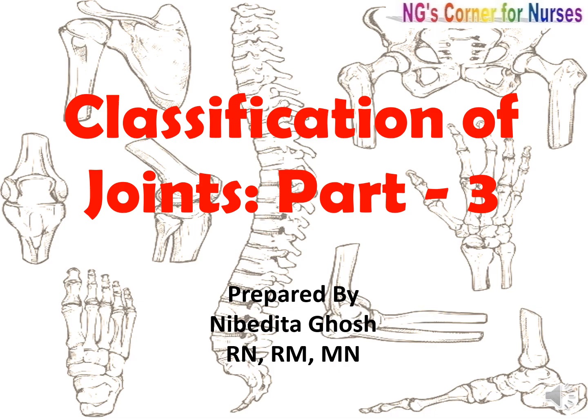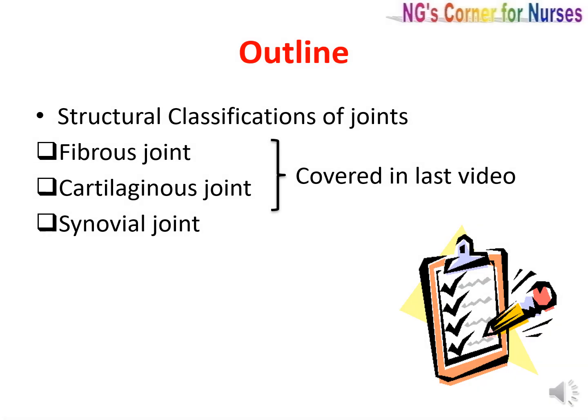Today we are here with the classification of joints part 3. Let's start today's video. In last video we have already started the discussion regarding structural classifications of joints. In this video we will continue the rest part of this structural classification.